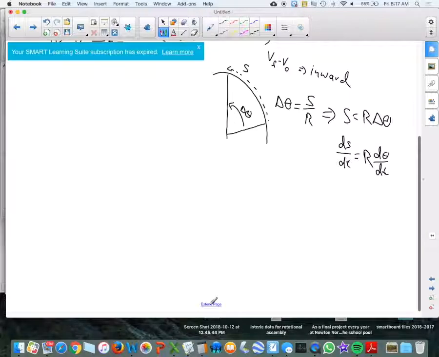So this is v tangential. This is the radius. And we call this d theta dt omega. So now I have a relationship between how fast a point on the edge of the disk is moving, and something that we call angular velocity.